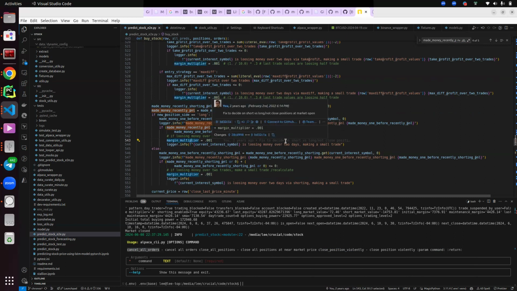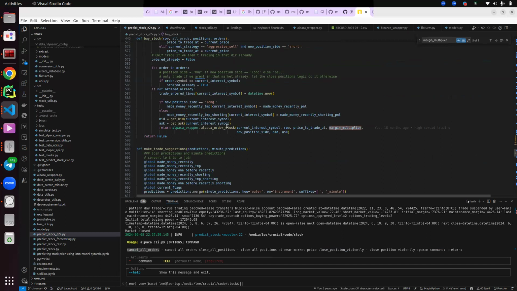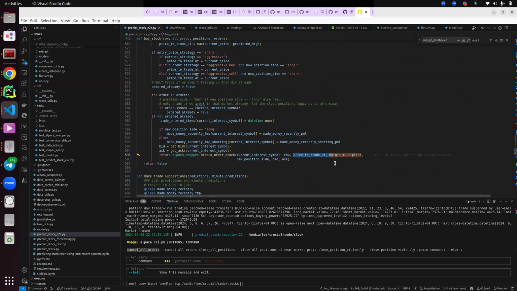We still live track how things are going. So this multiplier just means don't actually use your money, it gets multiplied by the price to trade at. Don't put money on the line if you're losing money. Wait until you've had successful real trades.